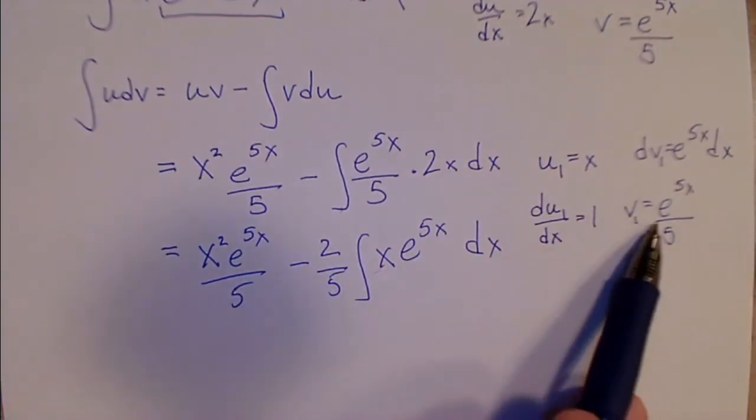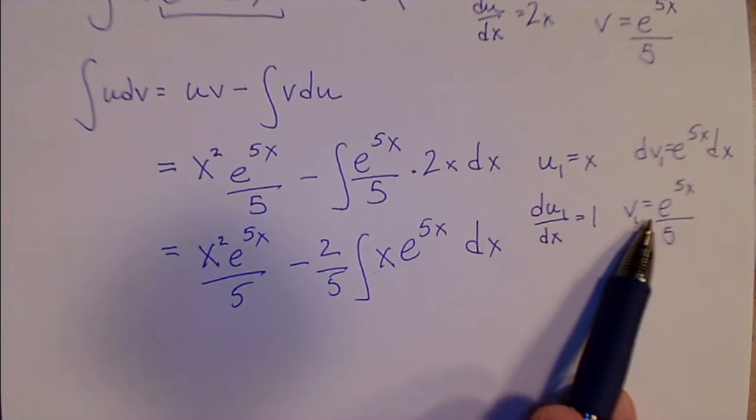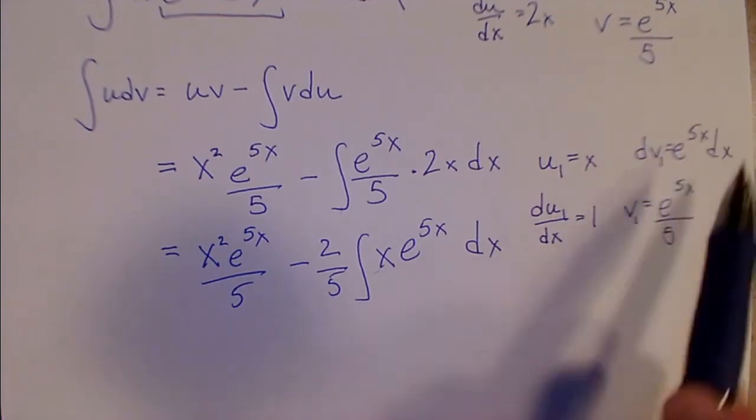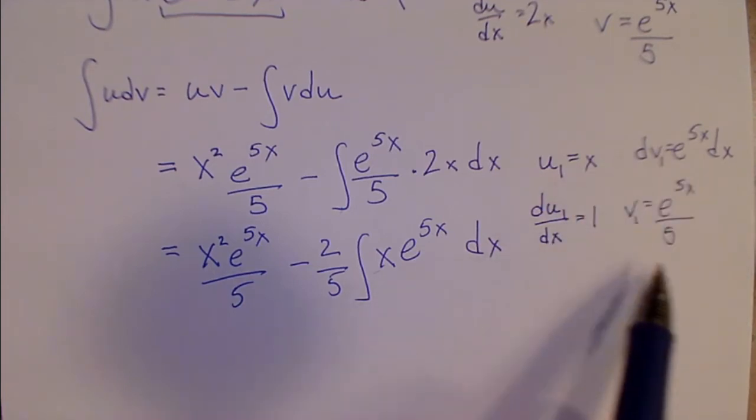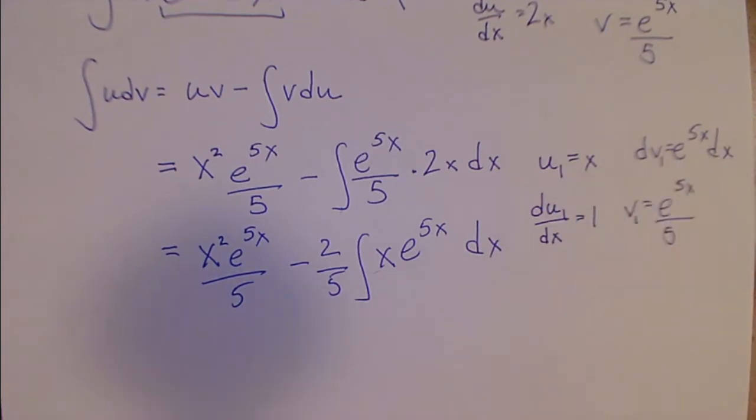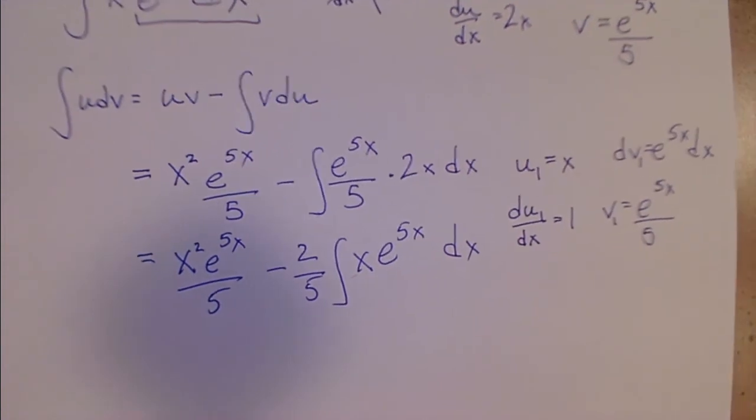And again, this v1 is a simple u substitution, and the integral of e to the 5x is e to the 5x divided by 5. If you're not convinced of that, take a derivative of v1. Those 5's will cancel and you'll get dv1 right there.